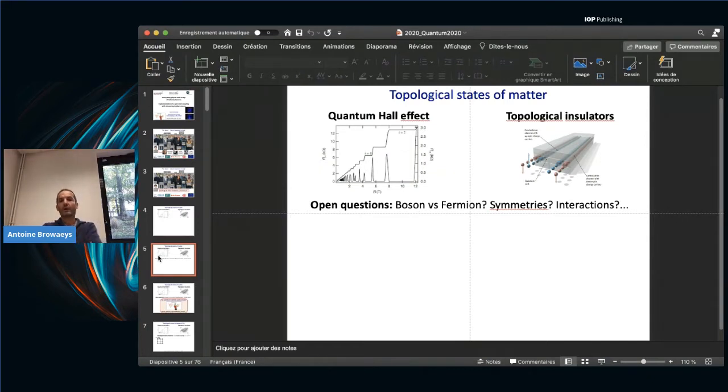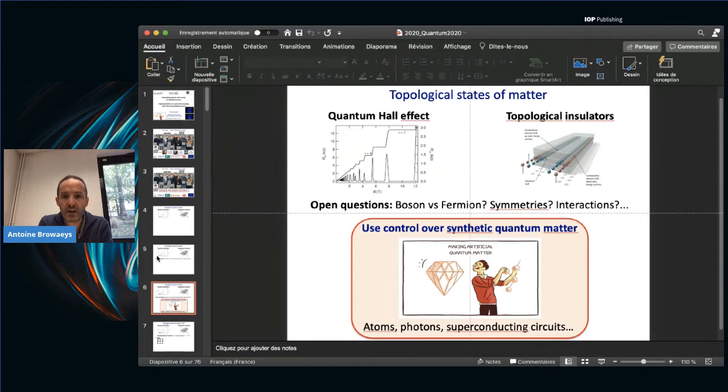For example, what happens if instead of having electrons, as is the case in condensed matter, you have bosons instead? What is the consequence of having underlying symmetries in the problem that may protect certain phases? What is the role of the interactions between the constituents? And of course, it leads to the fractional quantum Hall effect.